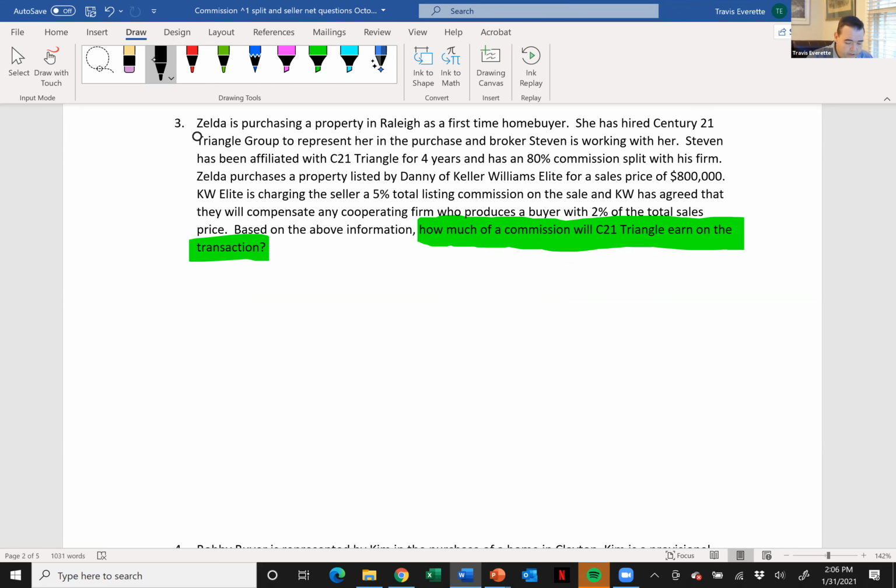We know that every commission is going to start with a sales price up here at the top. Okay, so I'm going to put that there. And from there, we know we get a total commission, right? So here's our total commission.